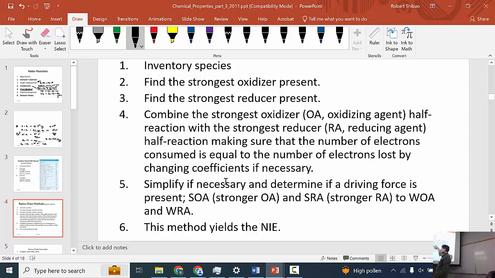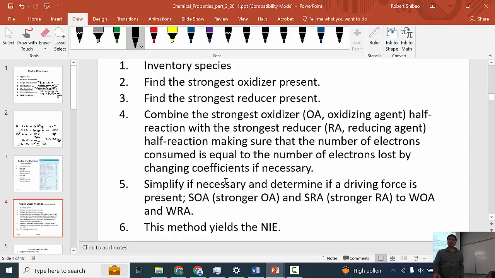And sometimes that's difficult because sometimes one oxidizer wants 5, but the reducer only gives up 2. And so we have to come up with a common number of electrons. In other words, we have to come up with a common factor. We'll talk about that later. And that we do by changing the coefficients. Then we simplify it, and then we look for a driving force. The driving force is stronger oxidizer to weaker oxidizer, stronger reducer to weaker reducer.